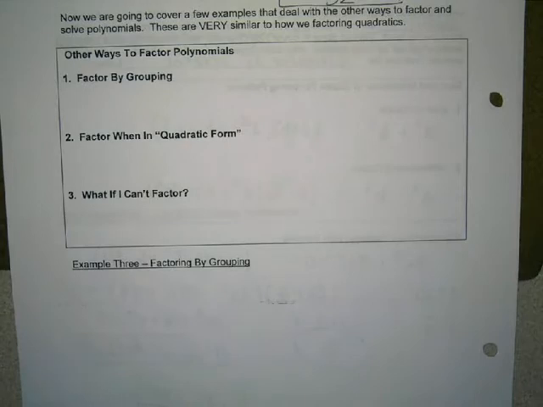Alright, so we're going to finish up this section here. Other ways to factor polynomials. Now, these, again, are going to look very similar to the ones that you already know how to do, which is great. Factoring by grouping.